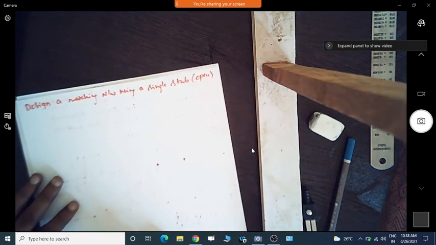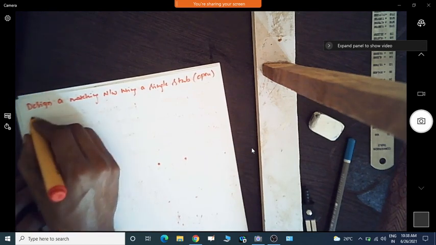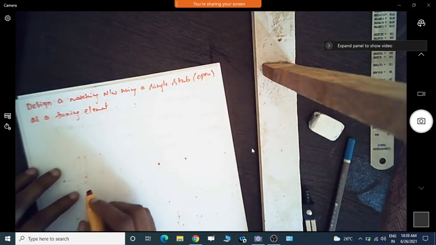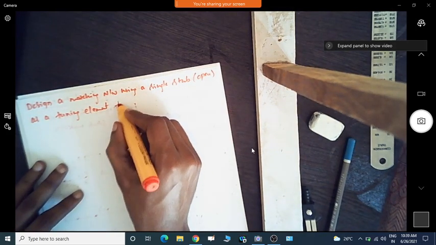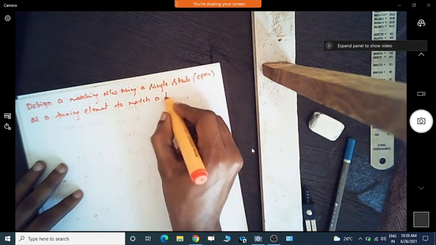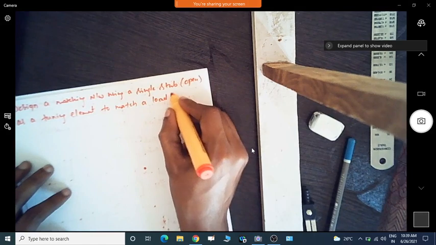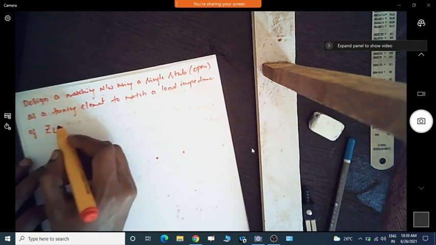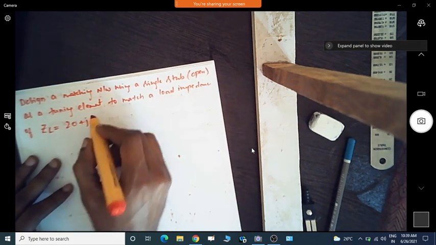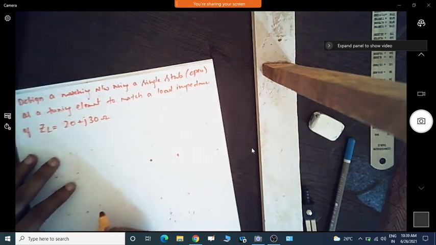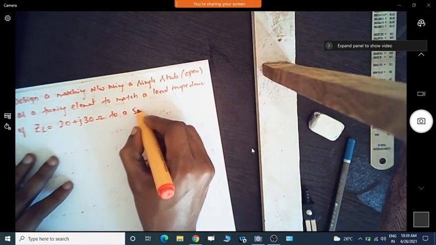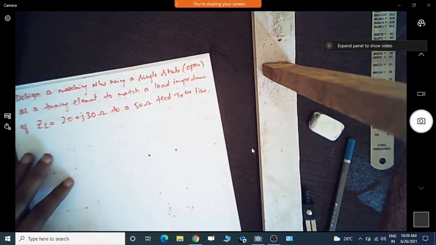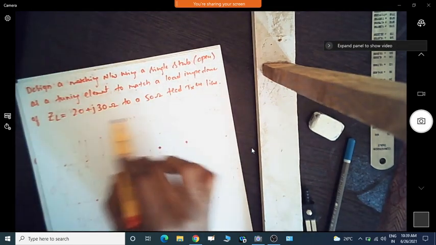We have to use a single stub open circuited as a tuning element to match a load impedance of ZL, which is equal to 20 plus j30 ohm, to a 50 ohm feed transmission line. So this is what the problem is.